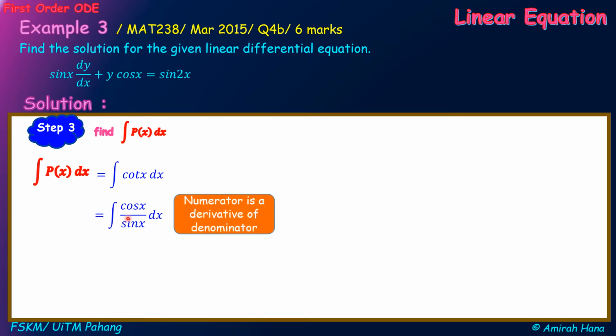For a quick method, we have a numerator that is the derivative of the denominator, because when we differentiate the denominator sin x, the answer equals the numerator cos x. If the numerator is the derivative of the denominator, the answer equals ln of the denominator, which is ln sin x.